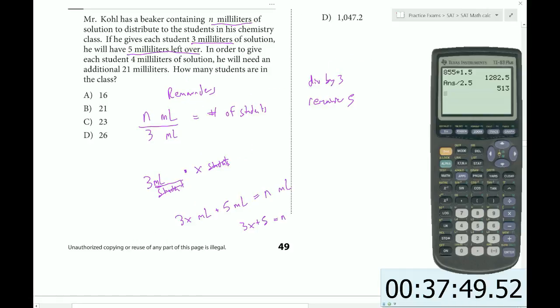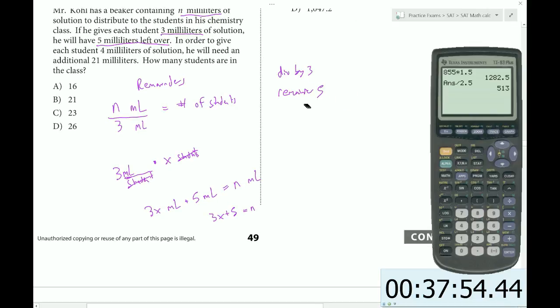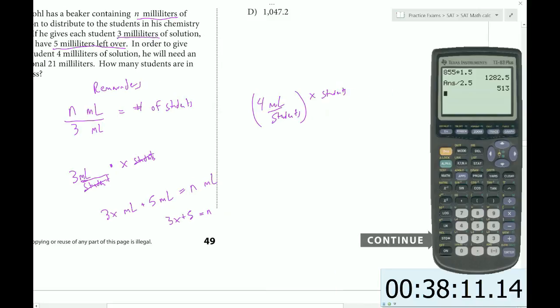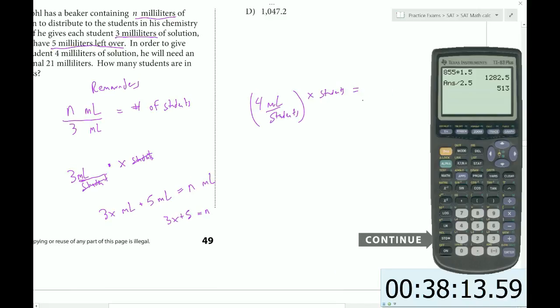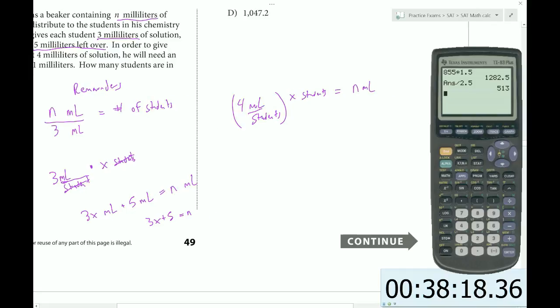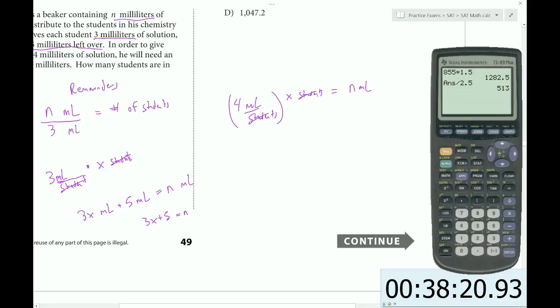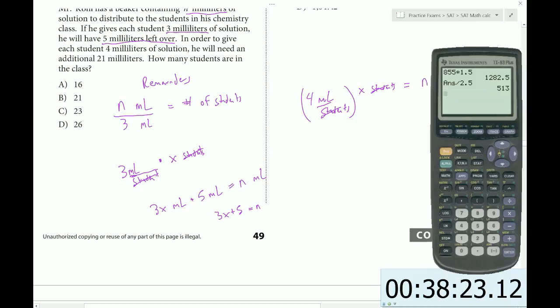In order to give each student 4 milliliters, he would need an additional 21 milliliters. Okay, so we can make another equation out of that. So we can forget about that for a moment. To do 4 milliliters per student, and again, the units really help out here, for x students, that would equal n milliliters, but we would need to add 21 milliliters.